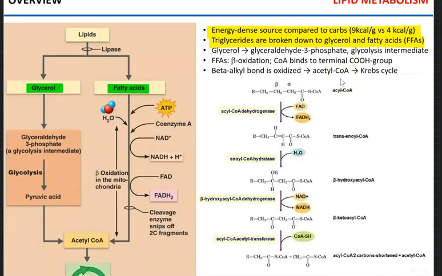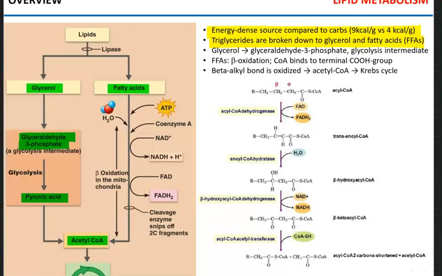So glycerol is converted into glyceraldehyde 3-phosphate, which is the intermediate of glycolysis, which inevitably ends up being pyruvic acid, which is then decarboxylated to become the holy grail of human metabolism, acetyl-CoA.